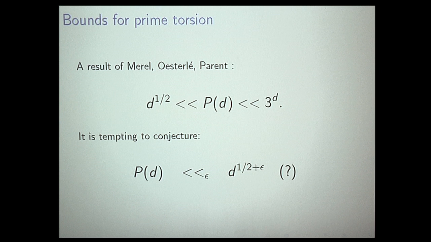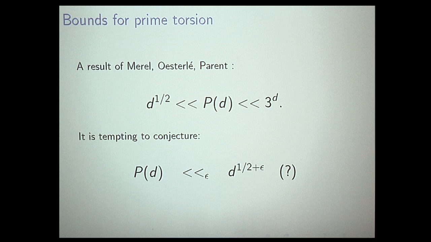There are bounds. The lower bound, d to the 1/2, is trivial. It's because the modular curve that parametrizes such a thing maps to the projective line by roughly a map of degree p squared, and so you get a d to the 1/2 there.